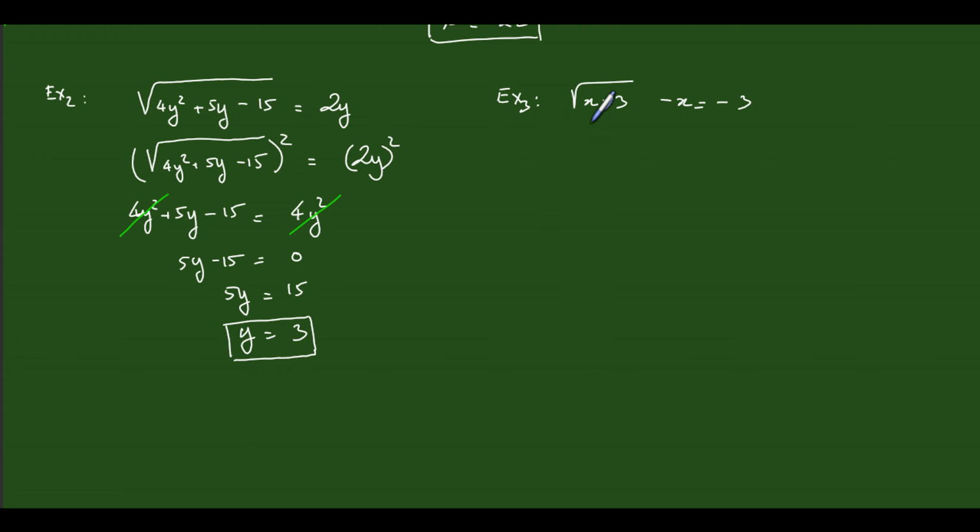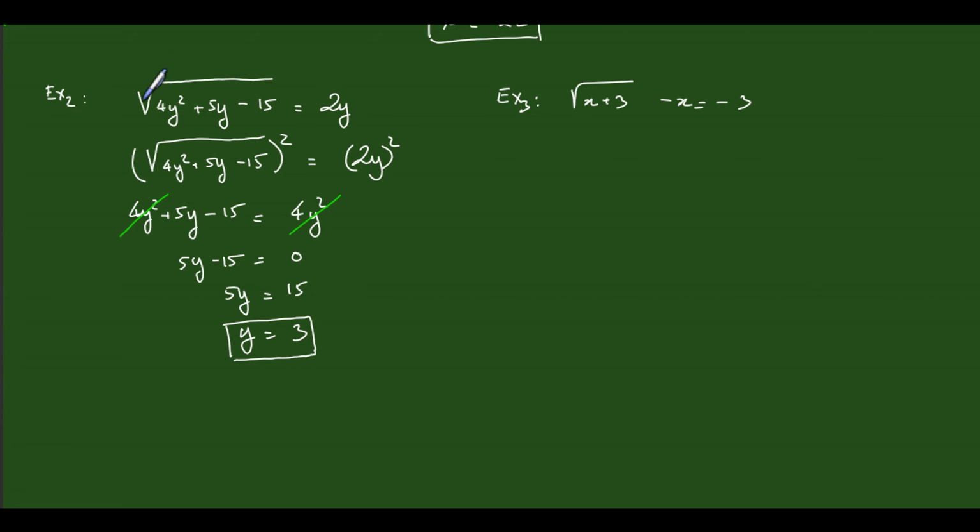So I recommend that for any radical equation, no matter how complicated it is, you have to simplify somehow so that the left hand side has one radical only. You see that?